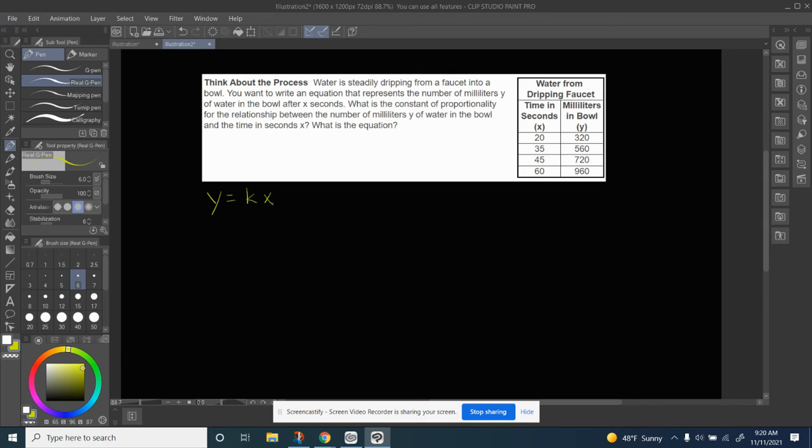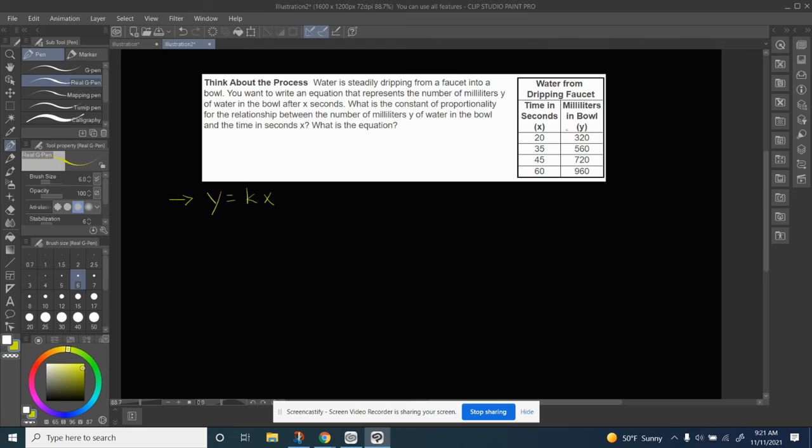That is the equation. They're telling us that y is going to be milliliters of water. They're telling us that x is going to be seconds. So that's our ultimate goal. We have to find this equation. They want to know what is the constant of proportionality for the relationship between the number of milliliters of water, y, in the bowl in the time x seconds, and then what is the equation.